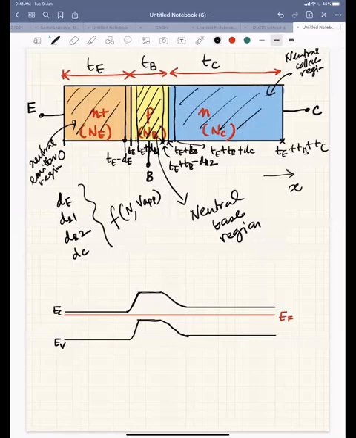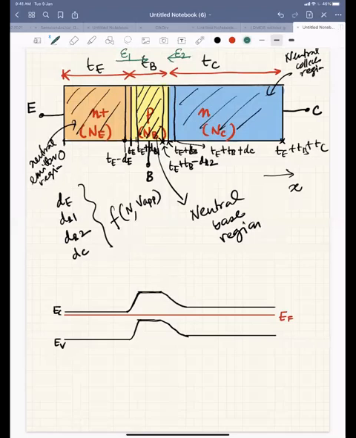Now there is an electric field across each junction, and the electric field is always from N to P. So I'll have an electric field here, let's say E1, and another electric field, E2. Electric fields are always from N to P, because on the N side I have donor ions and on the P side I have acceptor ions, so the field goes from positive charge to negative charge.